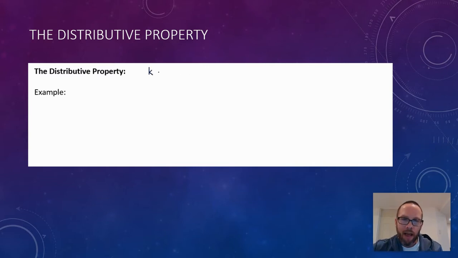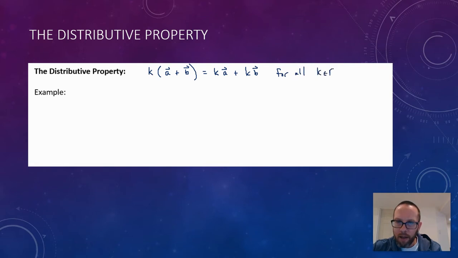So let's say I have a scalar k times vector a plus vector b. Well, I can actually distribute, that's equivalent to k times a plus k times b. And that's for all k being a real number and vectors a and b.